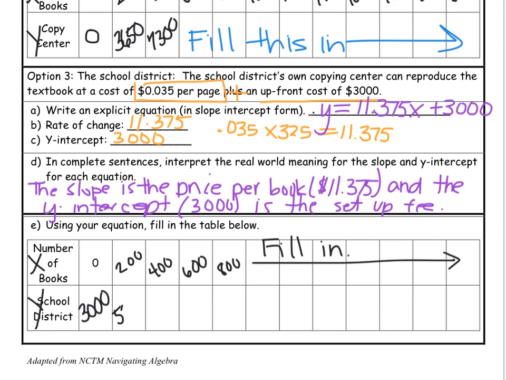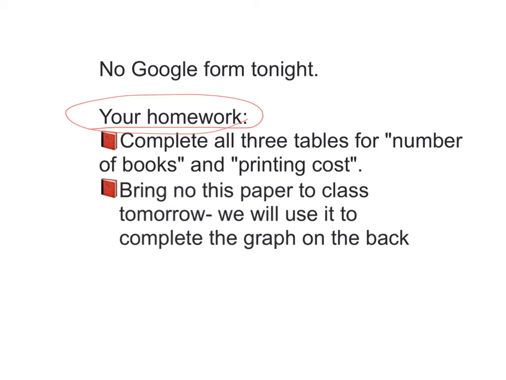If the school decides to print 400 books, it's 400 times 11.375 plus 3,000, and that cost is $7,550. So your job is to complete this table, and we'll check our answers tomorrow.